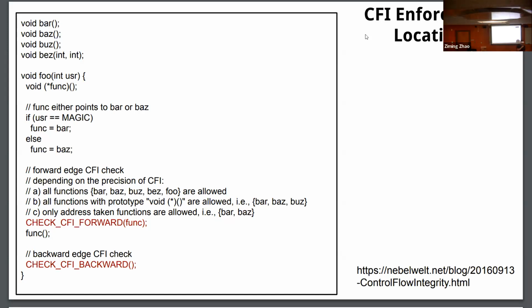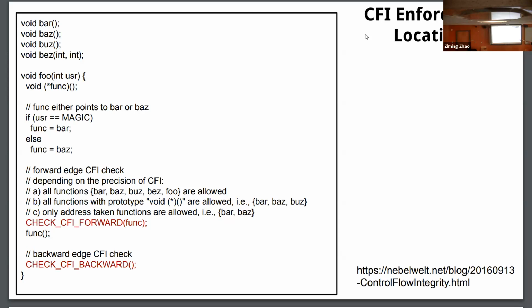If the user equals magic, then the function will be bar. That's just the business logic of this piece of code. It could be anything. But how can it be bad? What if the user magic overrides that function? The user magic is under attack.